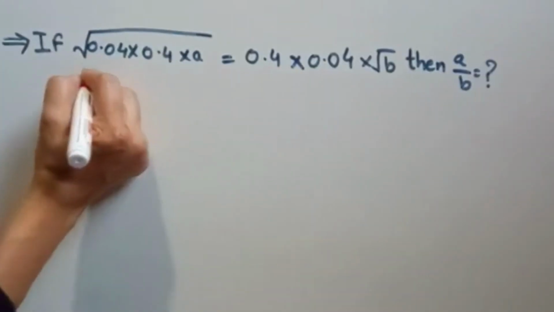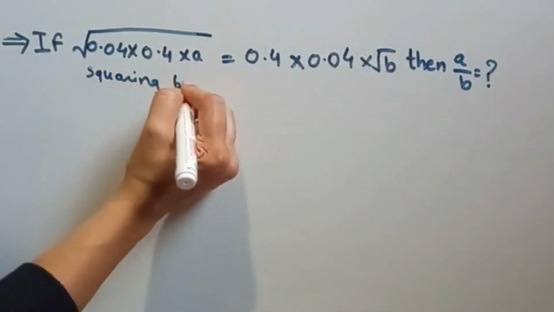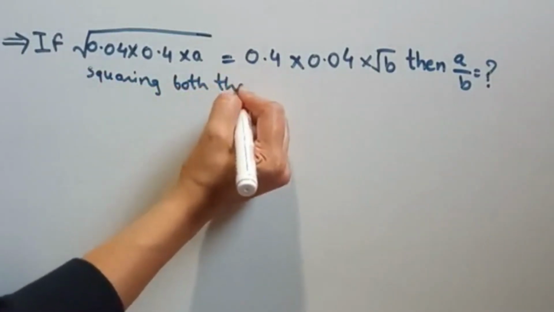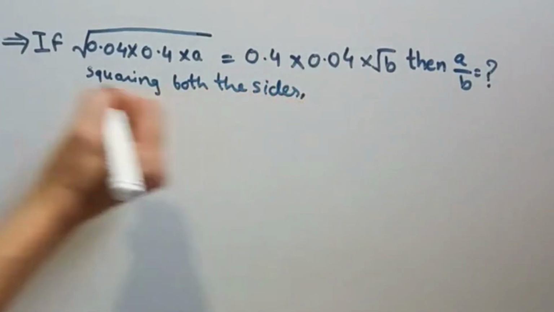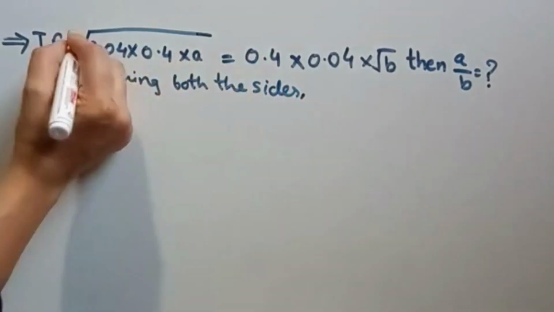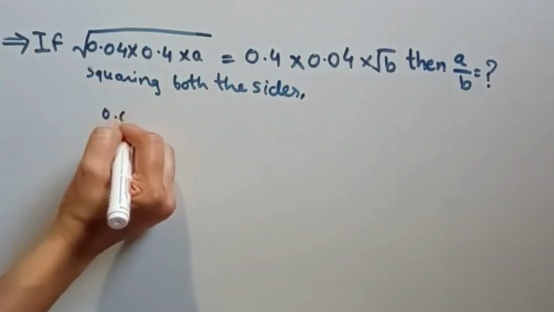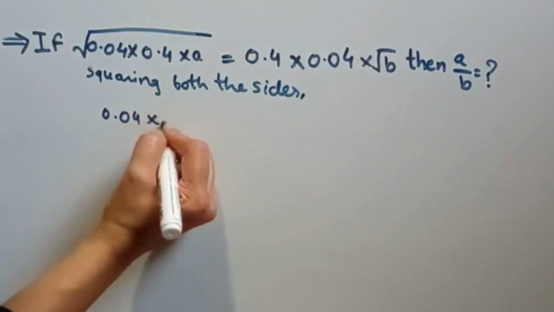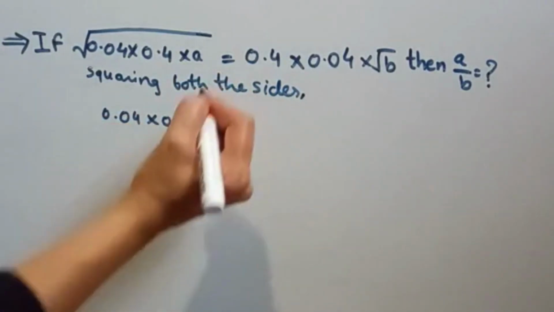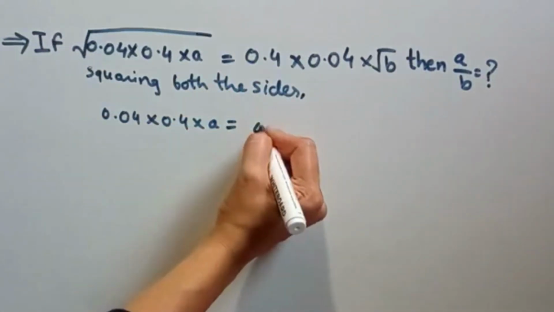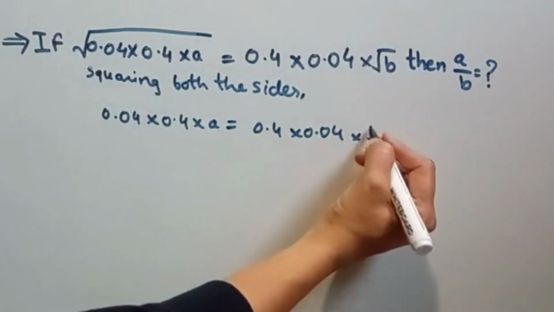So squaring both the sides, what will you get? We'll square this side, so this root sign will get cancelled with the square, so this will become 0.04 into 0.4, multiplied with a, which is equal to the square of this term, 0.4 into 0.04 into root b.